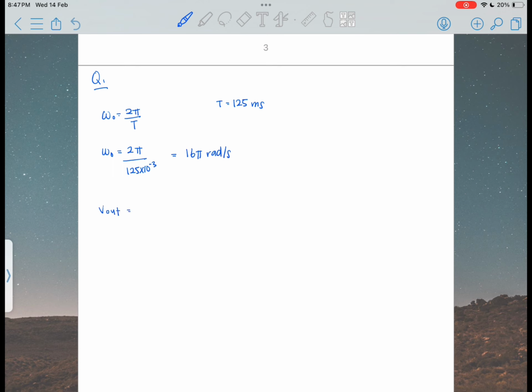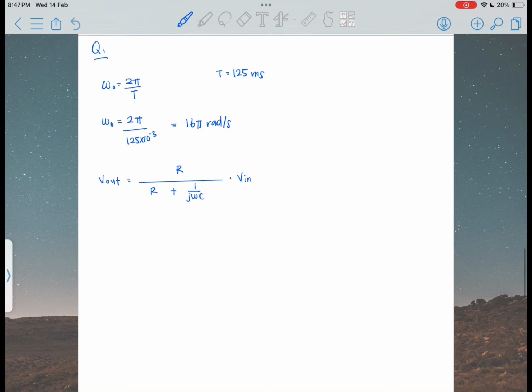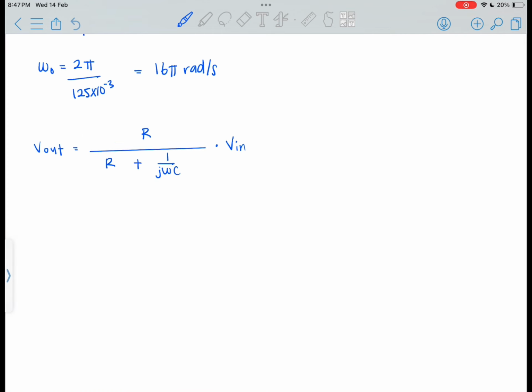For the V output is equal to R over R plus 1 over j omega C, and then you should multiply it by V in.